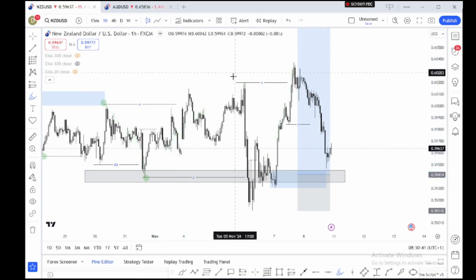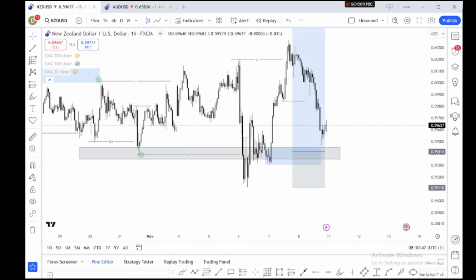But instead, market did what? Market gave me another change of character. So as you see, another change of character means market is looking for sell side liquidity, like trying to come down. So what I did was I marked my high, I marked my low.